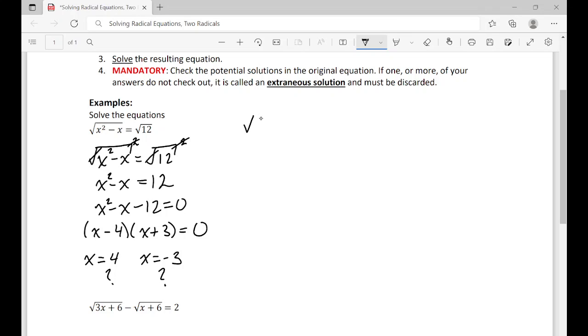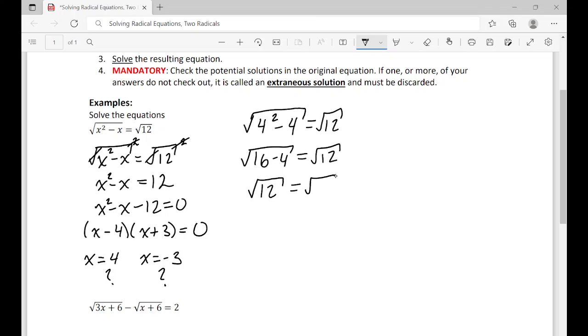We're going to do the square root of 4 squared minus 4 equals the square root of 12. 4 squared is 16, minus 4 is 12, equals the square root of 12. And since root 12 is equal to root 12, we know that's true. So at the very least, we know that 4 is a solution.